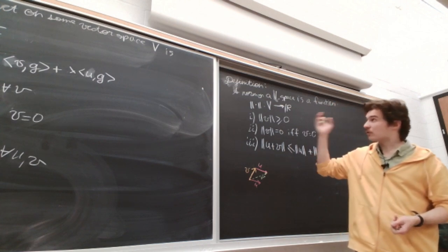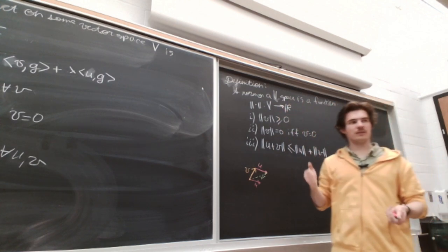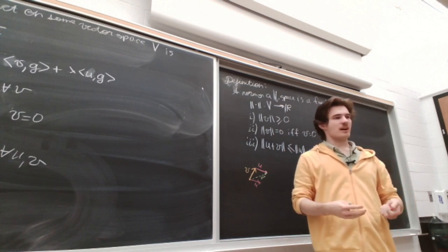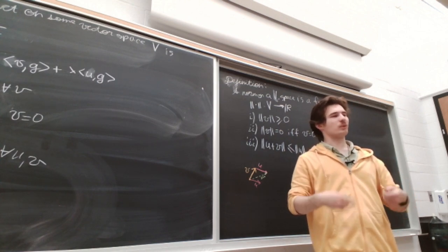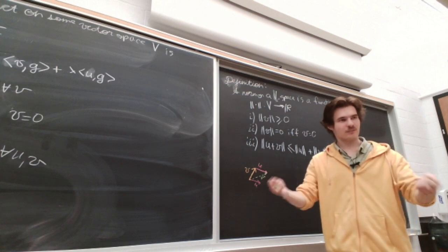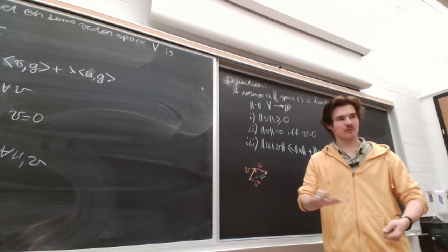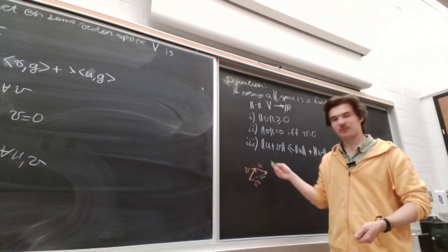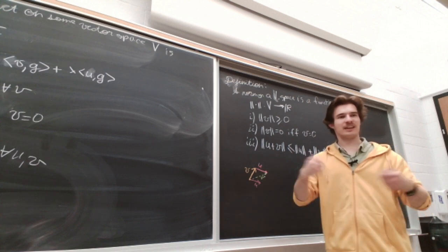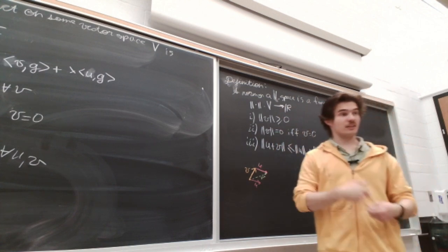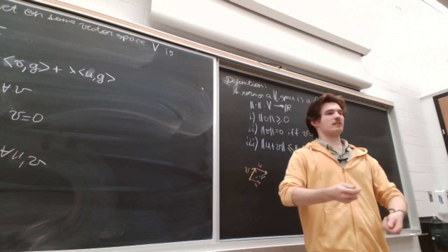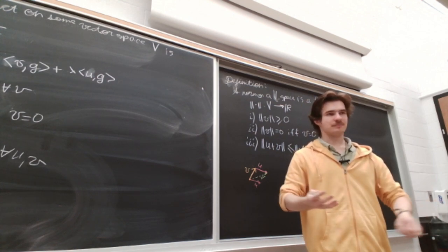Essentially what we're trying to do is give a generalized notion of what it means to be a length, based on what we see in R2, what we can observe in the real world. And so now you can define a notion of length on any vector space.